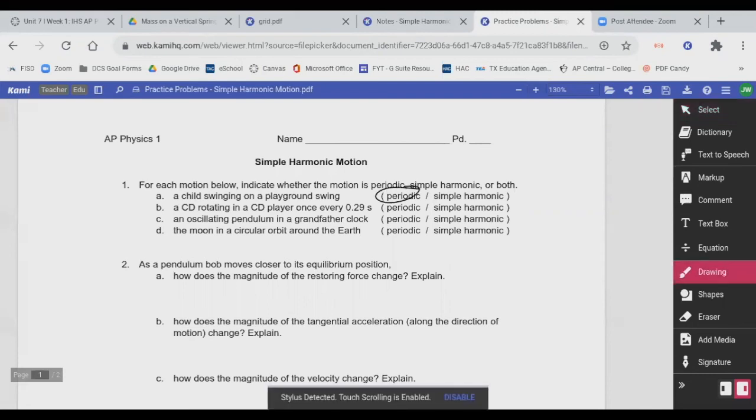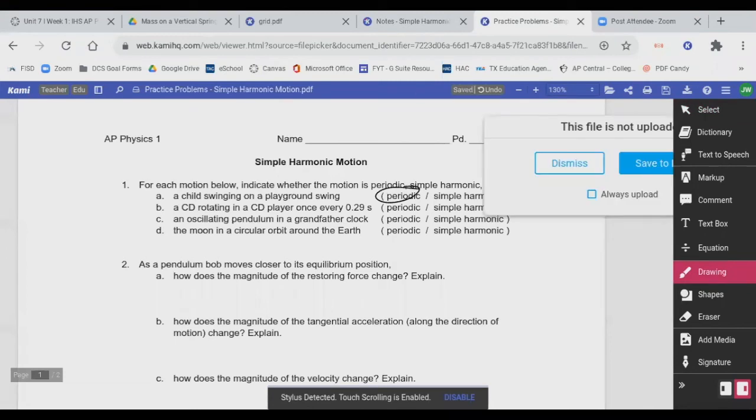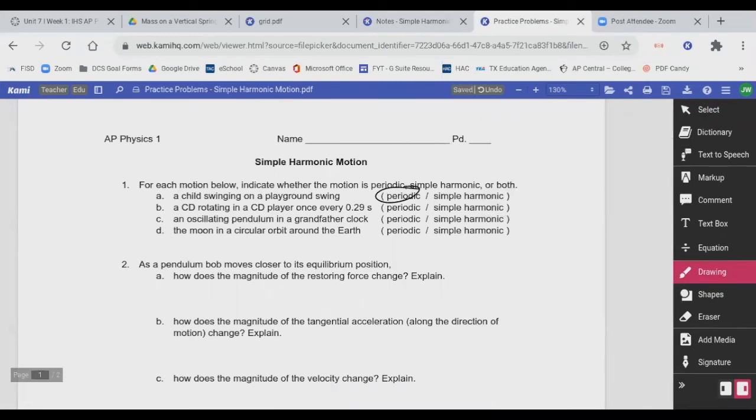Is it simple harmonic? Absolutely, it's simple harmonic. There is a restoring force. You can tell if there's a restoring force if the object slows down and changes direction. A child on a swing is just like a pendulum. Goes up, slows down, comes back the other way, slows down, comes back the other way.